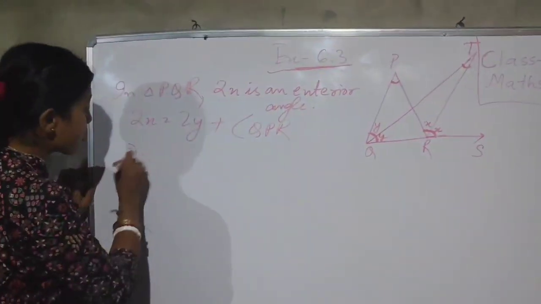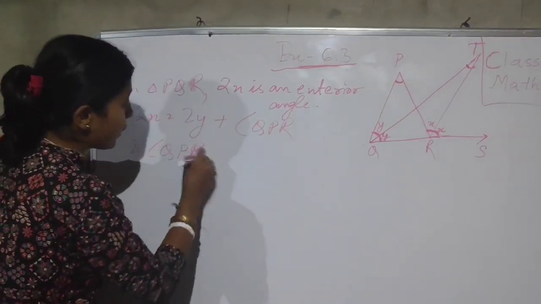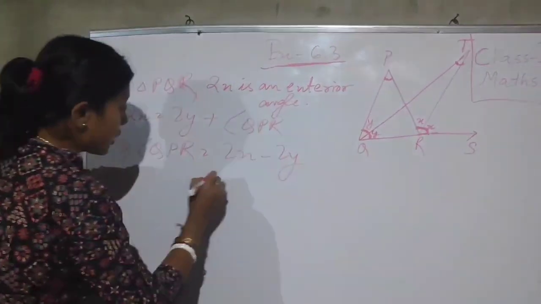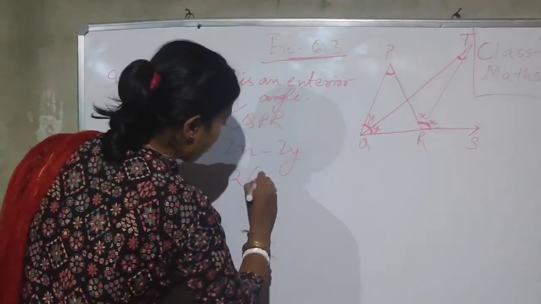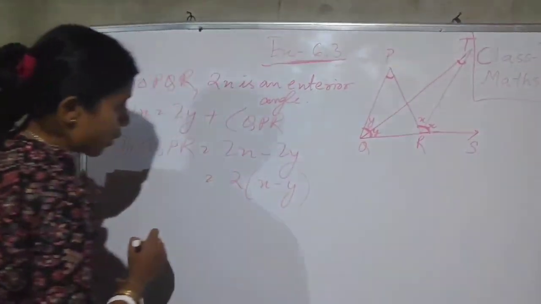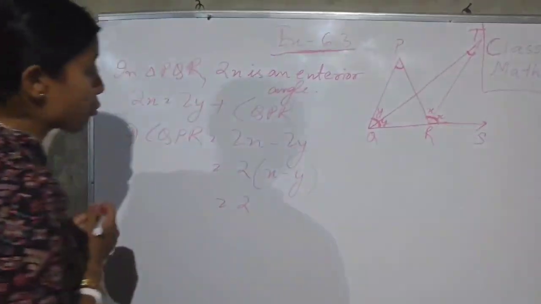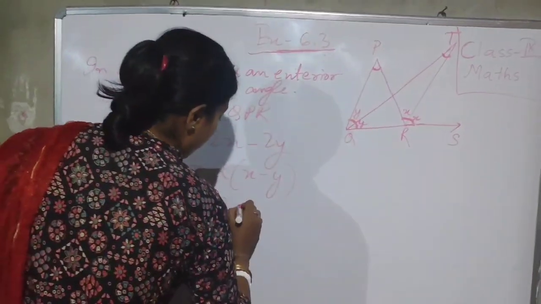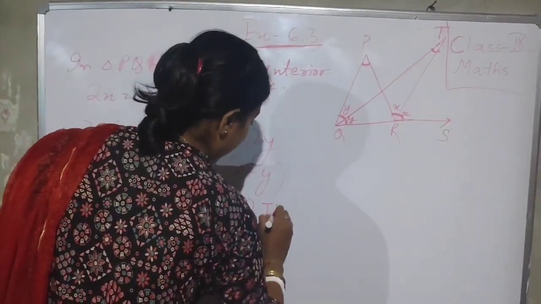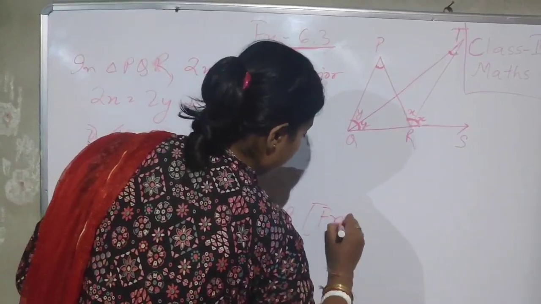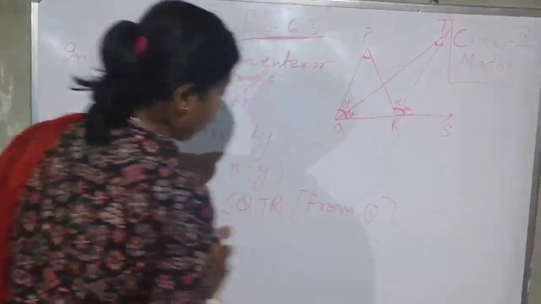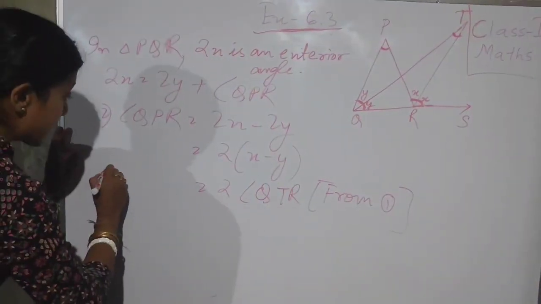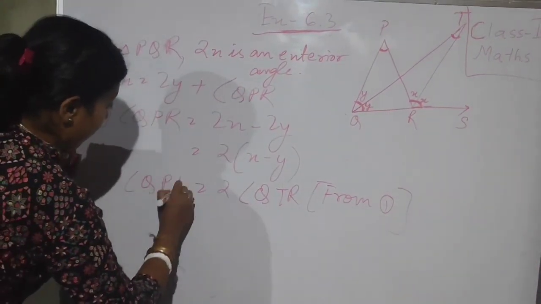So angle QPR will be equal to 2x minus 2y. If we take 2 common, 2 into x minus y. Your x minus y is angle QTR, so 2 of angle QTR from equation 1. So this is angle QPR.